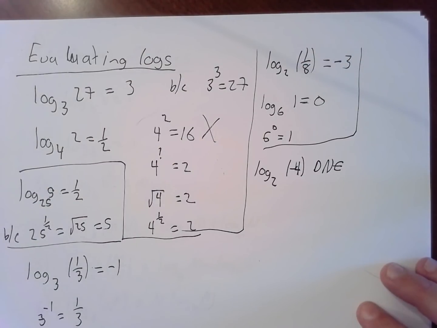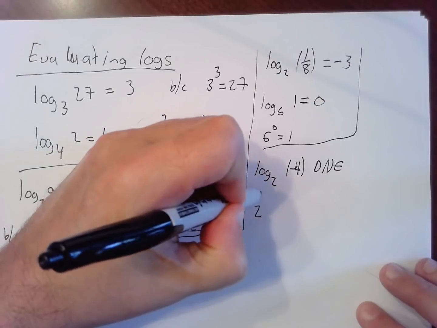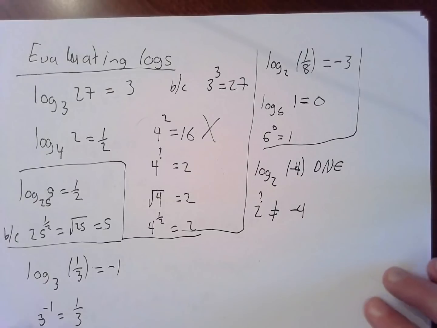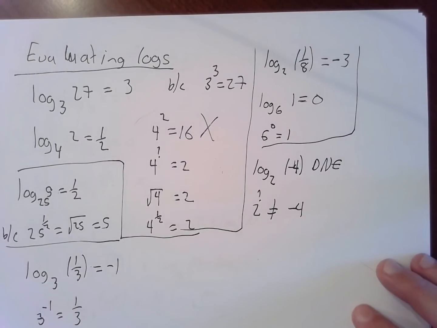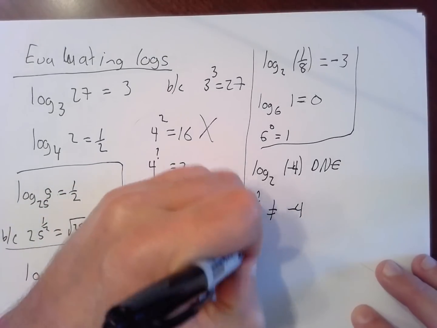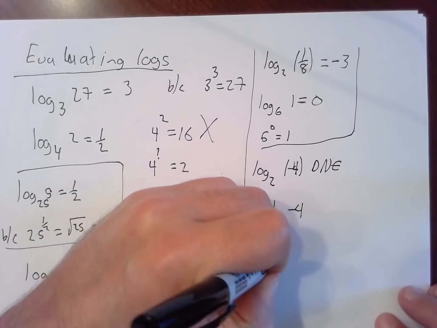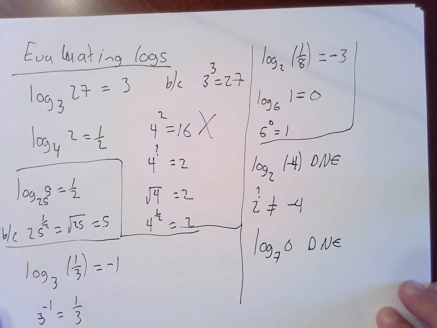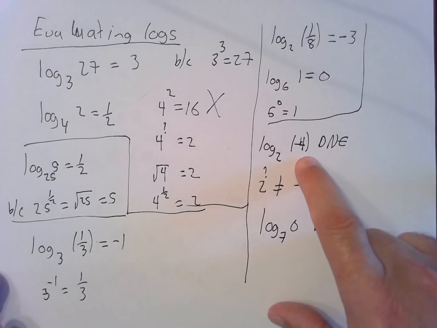You can't take logs of negatives. 2 to some power will never equal a negative because the range of the exponential doesn't include negatives. Similarly, log base 7 of 0 does not exist. You can't take log of negatives or 0.